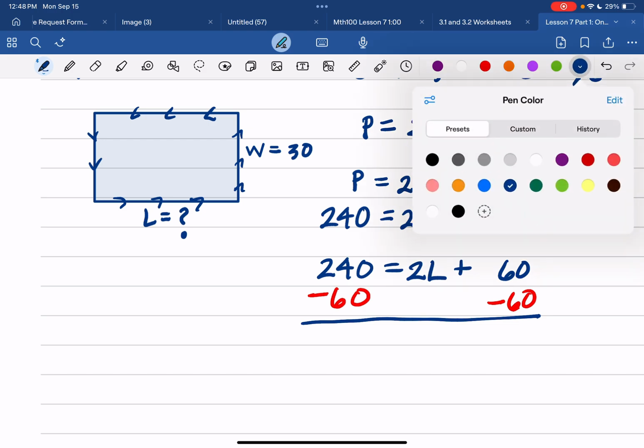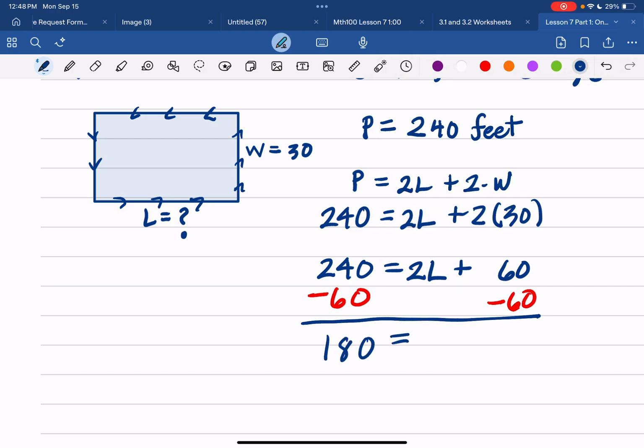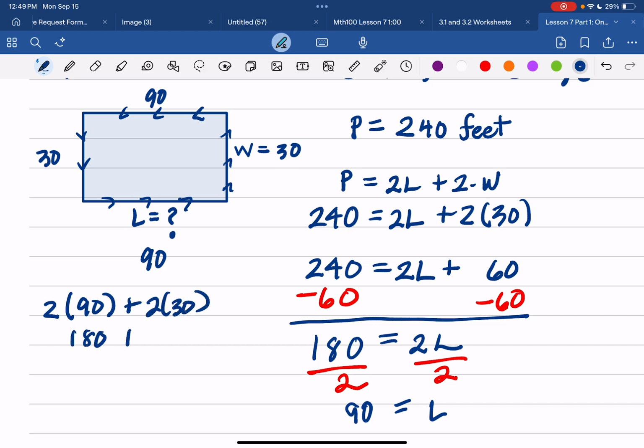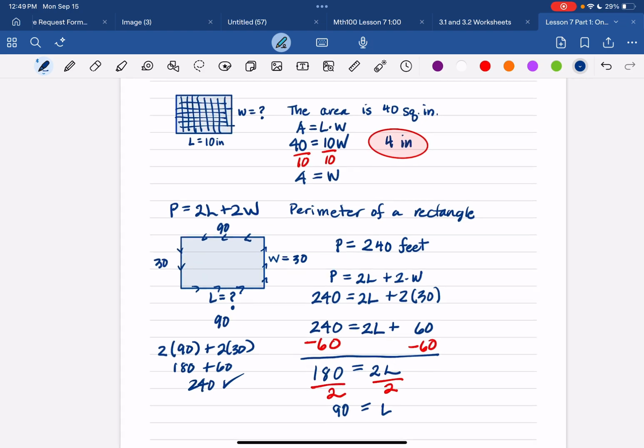And I will get 180 equals 2L, and then I need to divide in order to solve that. Divide by 2, and I get L equals 90. So this is 90. Now this would also be 90, and if that's 30, that would be 30. So twice 90 plus twice 30, 180 plus 60. That's correct, it's 240.